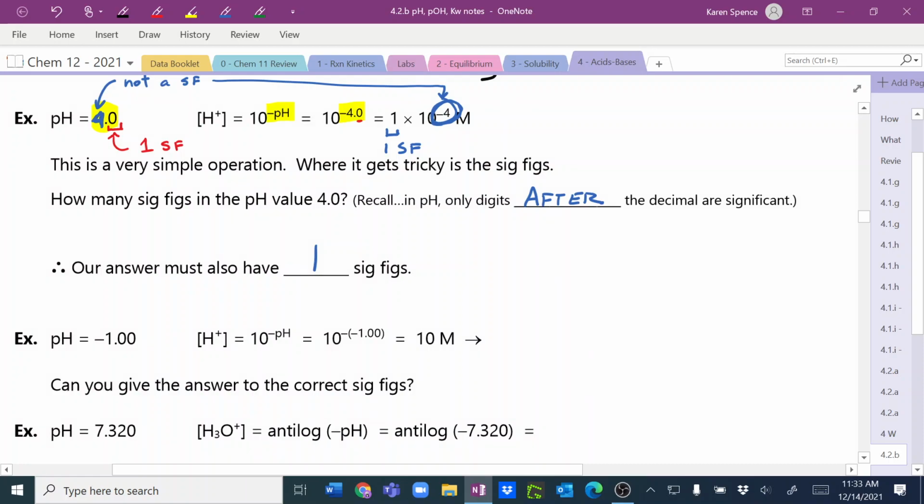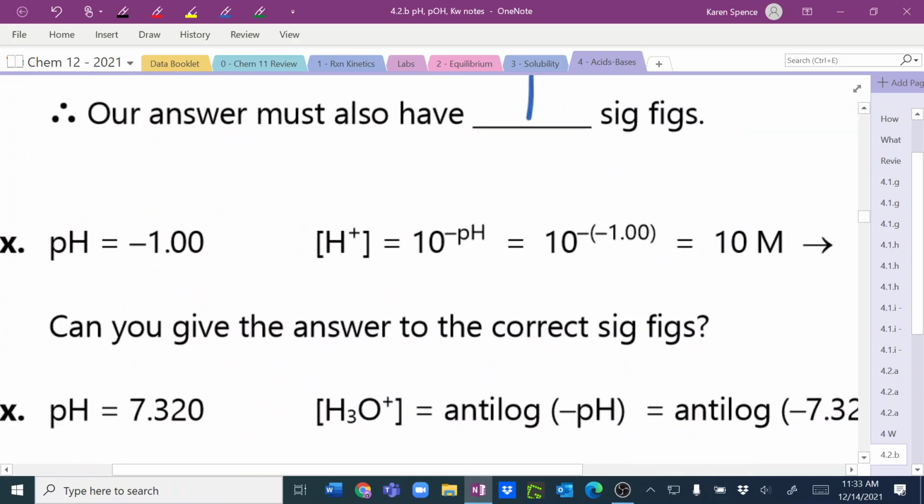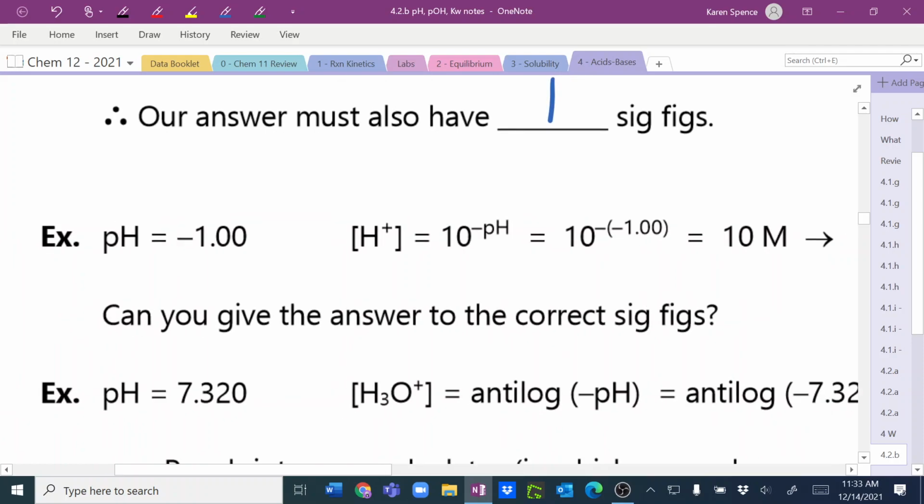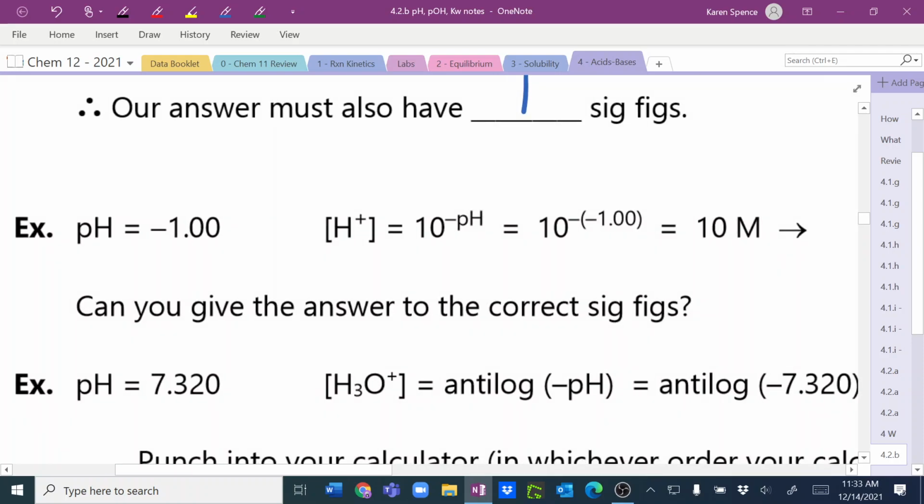Let's try another one. See if I can make this big enough for you to read. If pH is -1, now remember, is that very acidic or very basic? pH of -1. Very, very acidic. You've got a strong acid and it's probably also very concentrated. So if we want to find hydrogen, we take 10 and we raise it to the power of the negative of the pH.